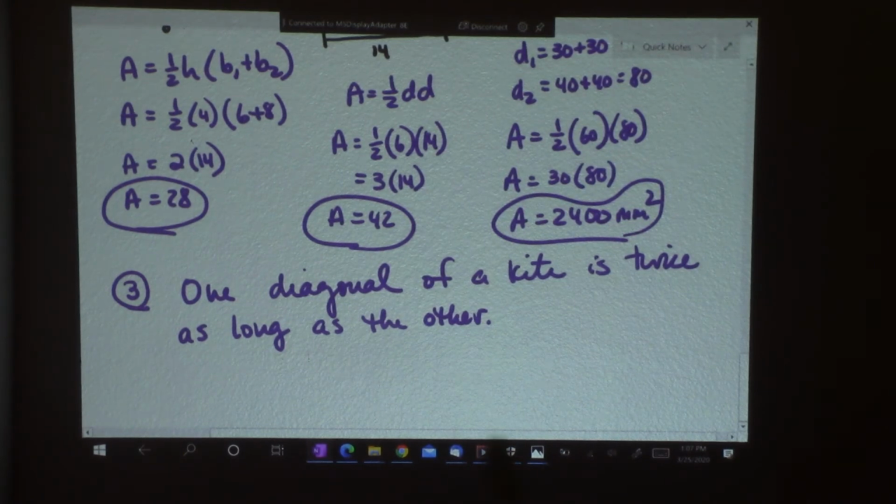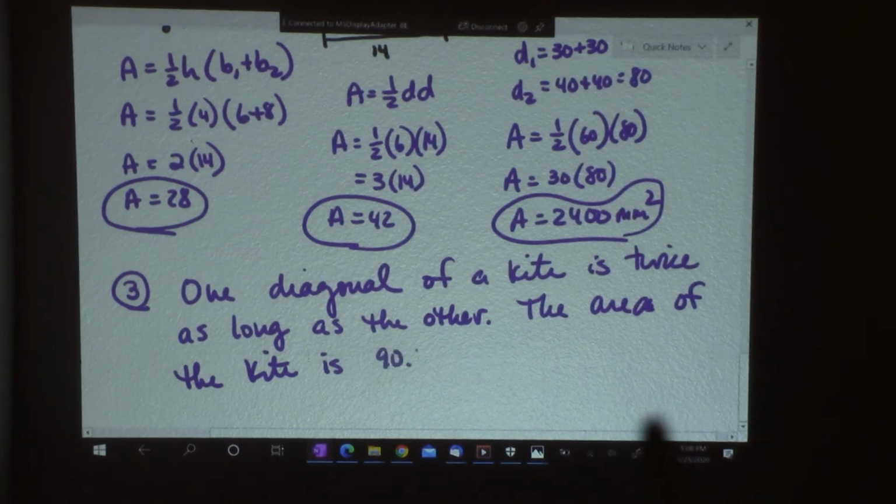The area of the kite is 90.25 square inches. All right, what are the lengths of the diagonals?